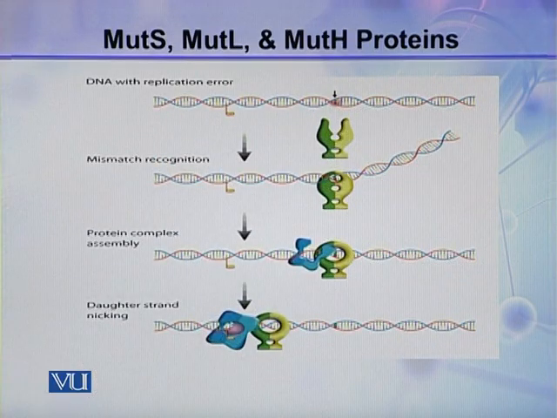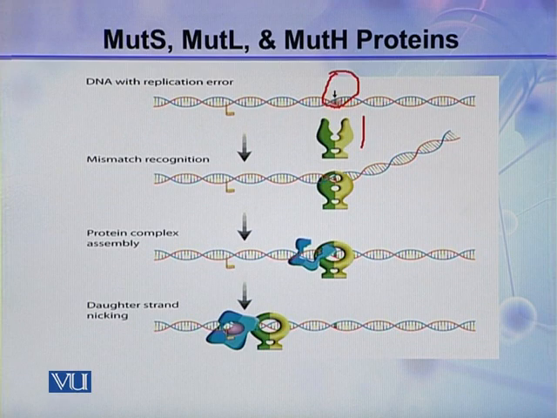So two nicks are introduced by the MutH protein. So here you can see this is the site, damaged site, mismatch site, and this is MutS. It binds to the damaged site and then it recruits MutL. This blue one is MutL, and this complex is formed.